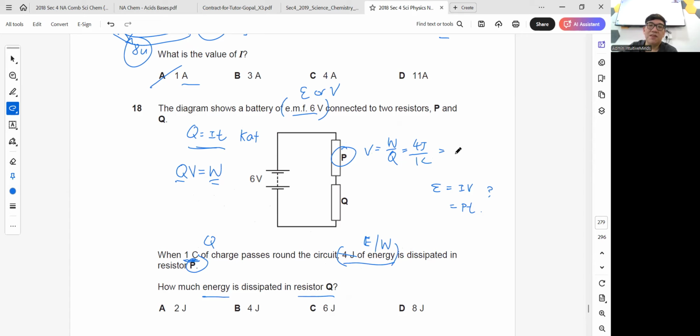What will be the unit? 4 volts. What does 4 volt represent? Potential difference. Okay, if you have 4 volt here, how much would this be? 2 volt.